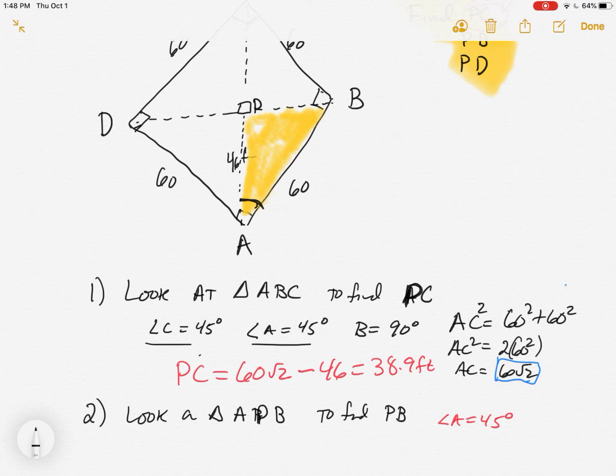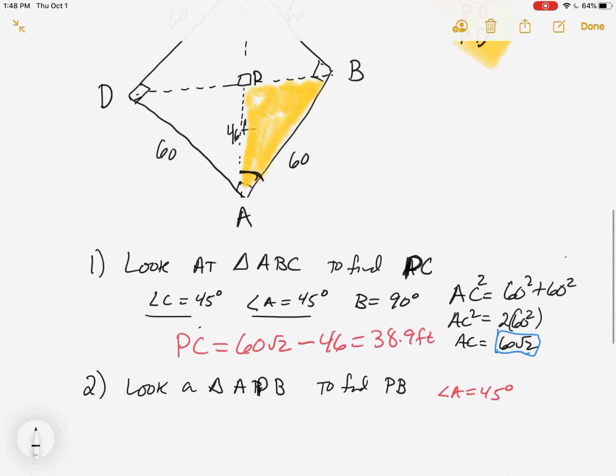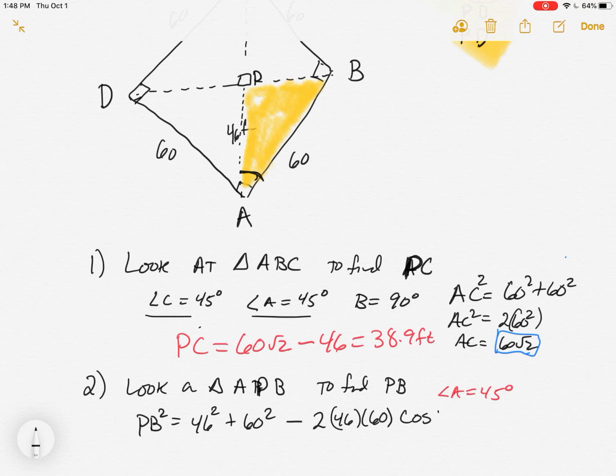And so let's go find it. So let's remember the law of cosines. The law of cosines says, hey, this side I want to find, PB squared, has got to equal the other two sides squared, so that's the 46 squared plus the 60 squared minus 2 times the 46 times the 60, the other two sides, times the cosine of 45 degrees.